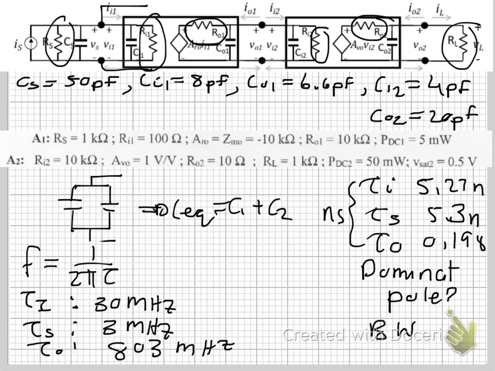Now, it is clear that the pole of the self-loading factor is the first pole, and the next pole happens at 30 megahertz. And as you can see, your poles differ by a factor of 10. So your self-loading pole is your dominant pole.